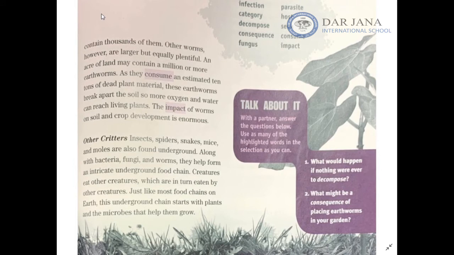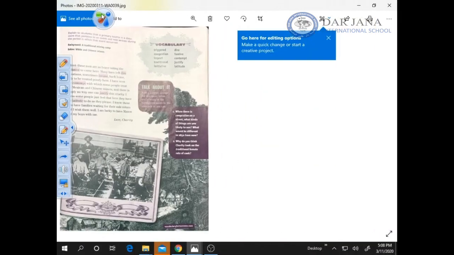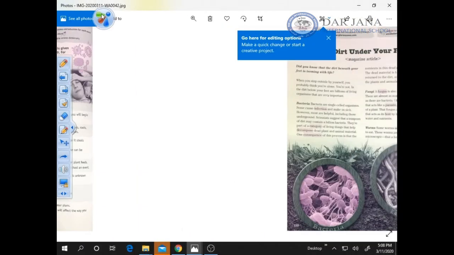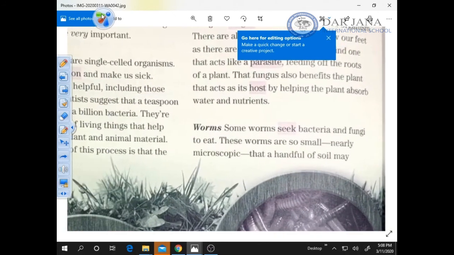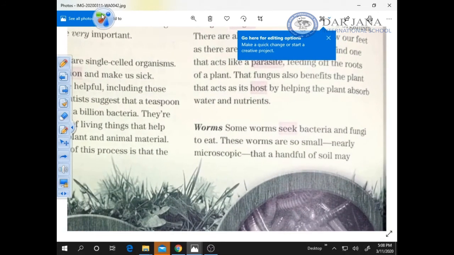Some worms seek bacteria and fungi to eat.